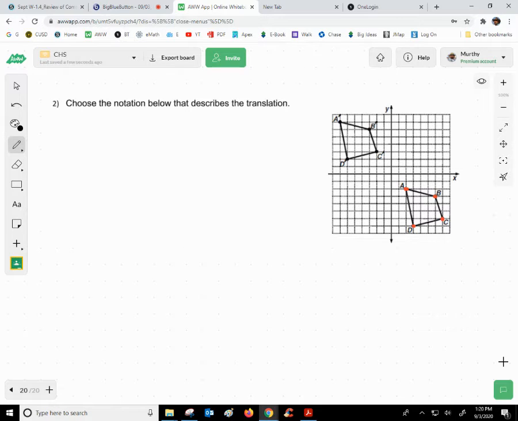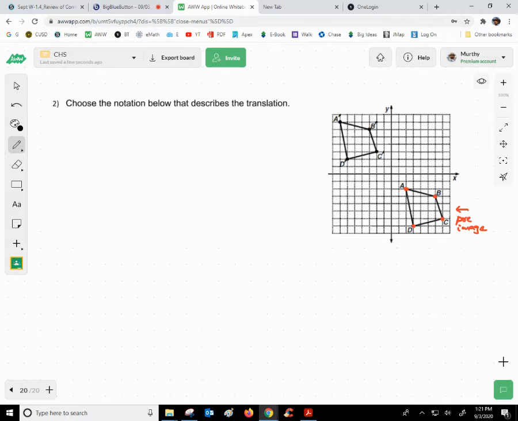Therefore, this is the pre-image, the original object given. Now we have to count the number of blocks, how many times it moved.